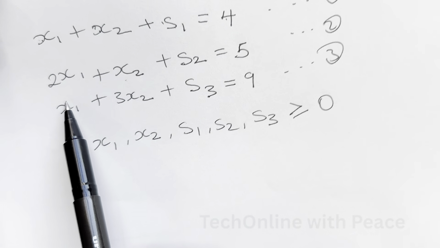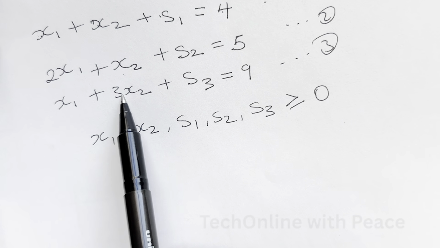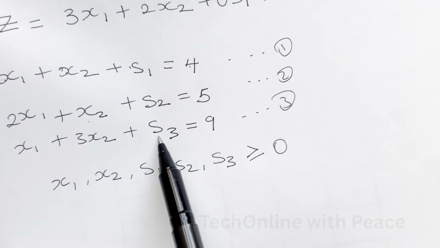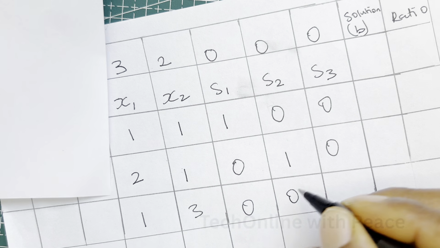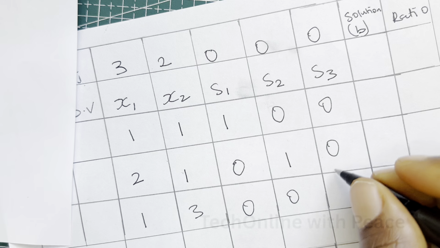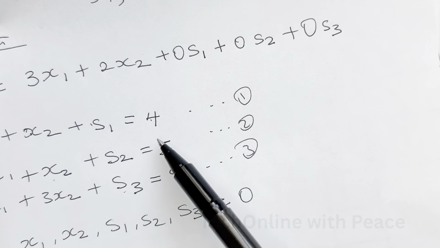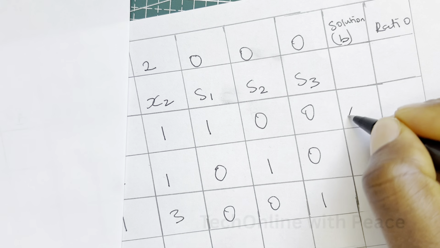For the third constraint, we have x1 with coefficient 1, x2 with coefficient 3. So we have 1 here, we have 3. There's no s1 and no s2, so we add 0, 0. For s3, we have coefficient 1, so we write 1. For the solution, we have 4, 5, 9. Represent that on the solution column here.